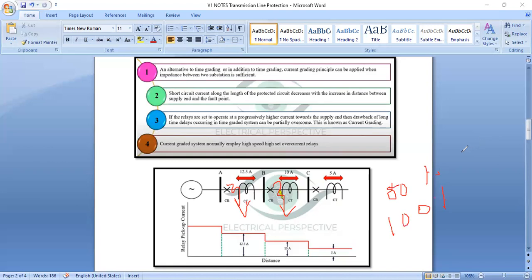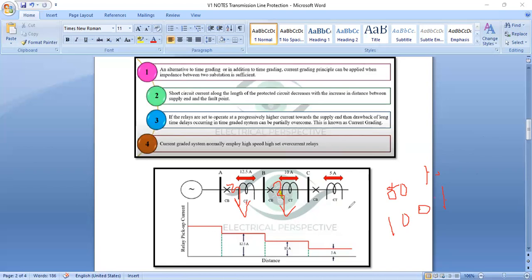The current grading becomes difficult because the difference in magnitude of the fault current is very, very low. The current magnitude under the fault condition cannot be accurately determined, as I already told you, and in the transient condition.